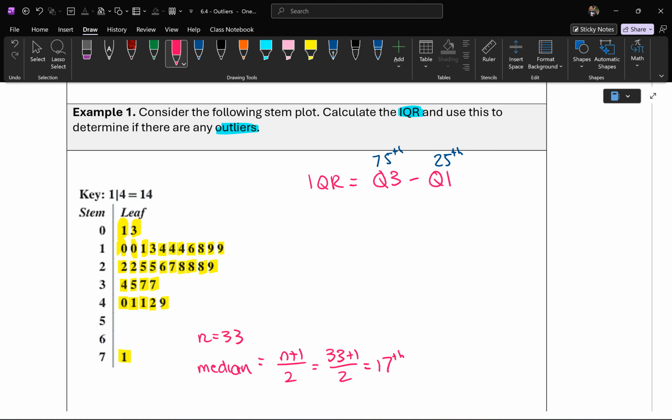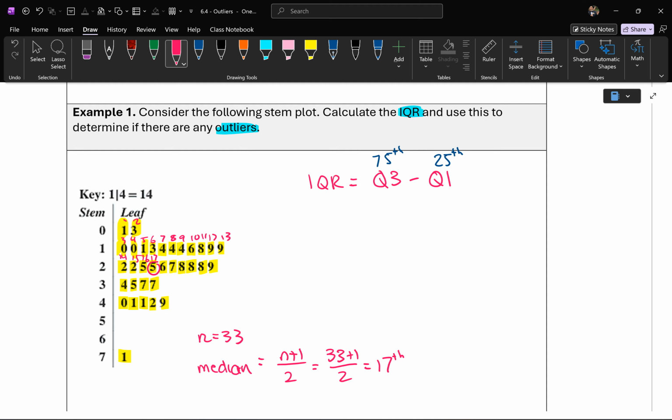17. So what this means is the 17th position is where the middle is. So start counting. 1, 2, 3, 4, 5, 6, 7, 8, 9, 10, 11, 12, 13, 14, 15, 16, 17. That number there is the middle.